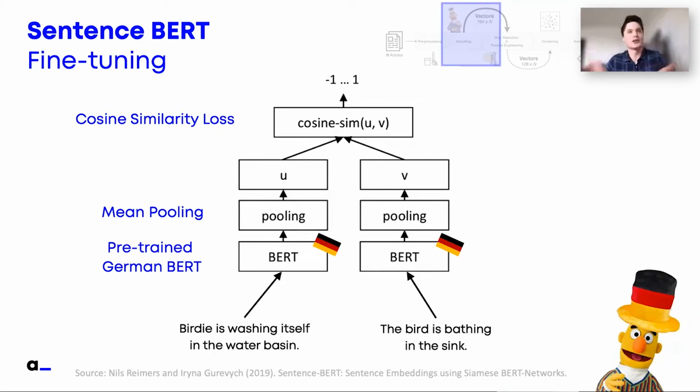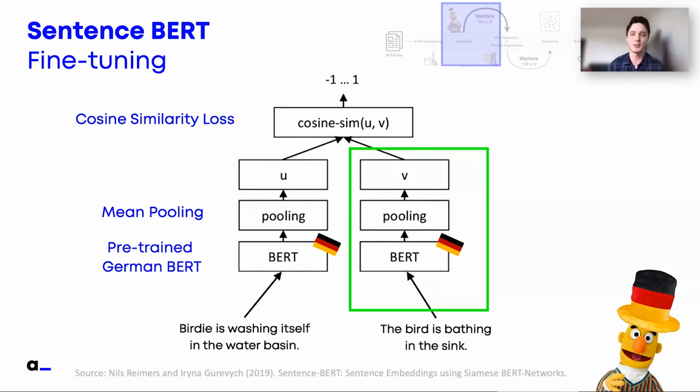So now we know how this sentence BERT works, and after training, we basically just need half of this architecture to use it for generating these cosine similarity scores.